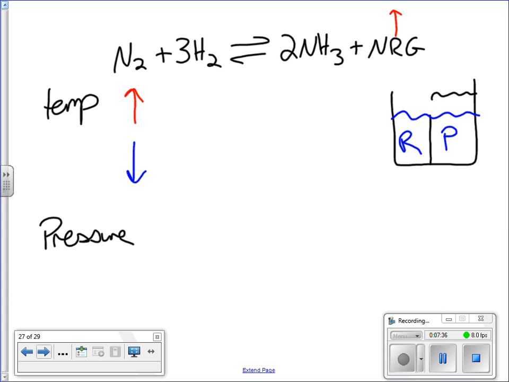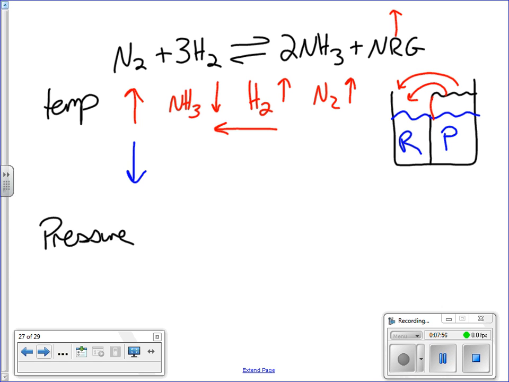Ooh, that's a good color. Okay? So it's going to spill towards the reactants. So if I increase temperature, in this case, my NH3 is going to decrease, my H2 is going to increase, and my N2 is going to increase. The overall shift is going to be away from that increase in energy.